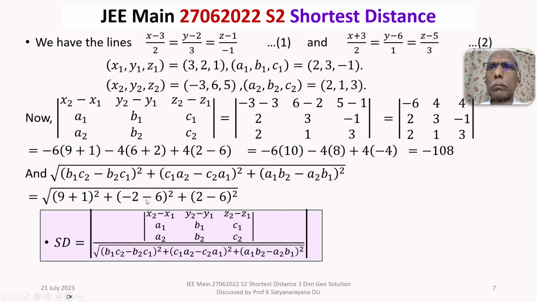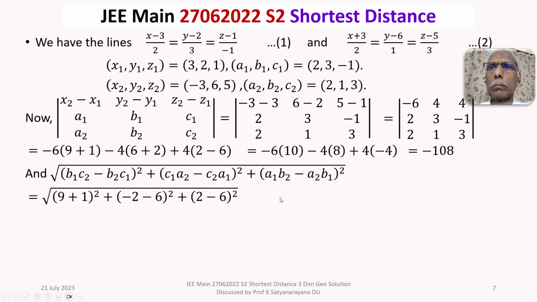Because we are squaring, signs are immaterial. That is the square root of 10 squared plus minus 8 squared plus minus 4 squared. On simplification, you will get square root of 180, that is 6 root 5.